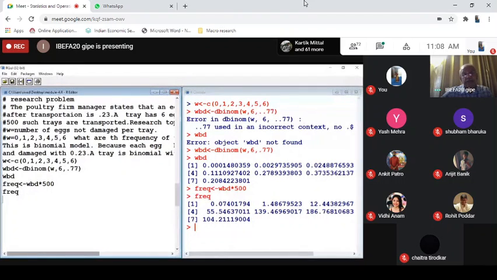Zero. What do you mean by zero? W is the number of eggs not damaged per tray. So 0 not damaged means all are bad. That is a small probability.